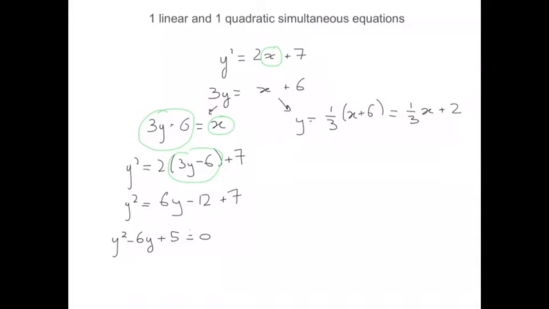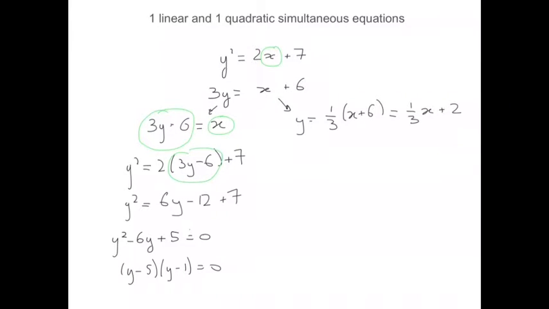To solve such an equation, remember, you only have two options, or 3 actually if you count completing the square, but which is not a really direct method. You can either factorize the quadratic or use the quadratic formula. Here, this expression can be easily factorized as (y minus 5)(y minus 1) equals 0.